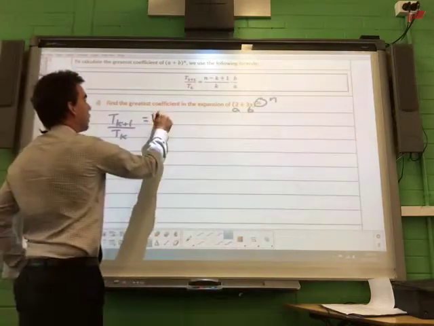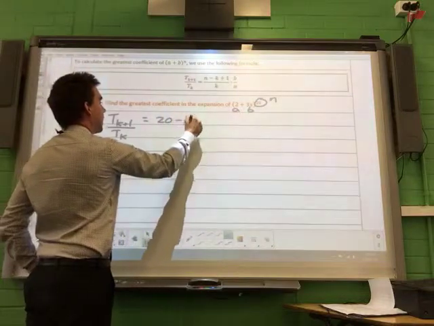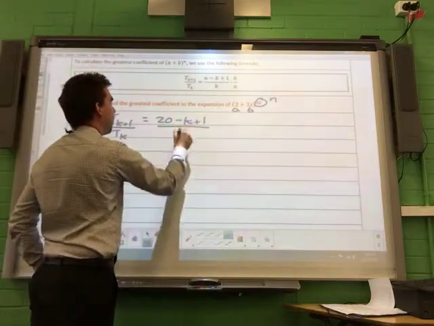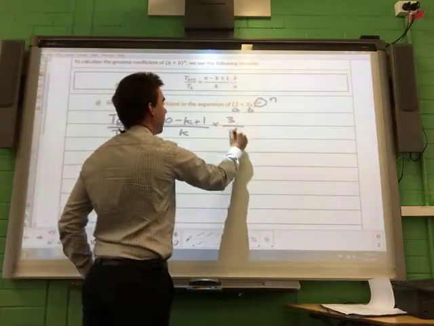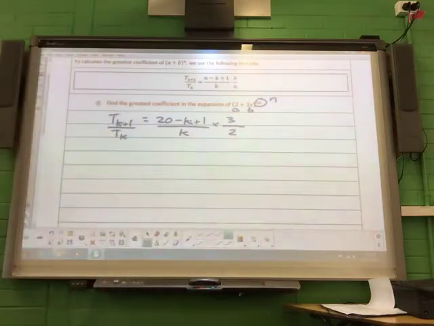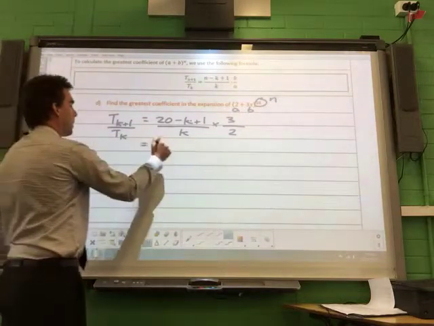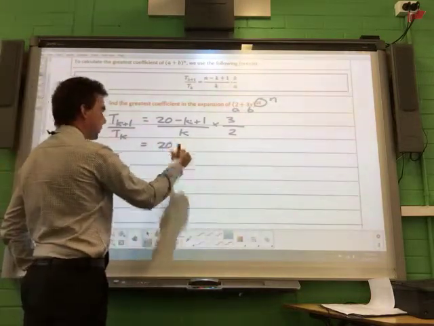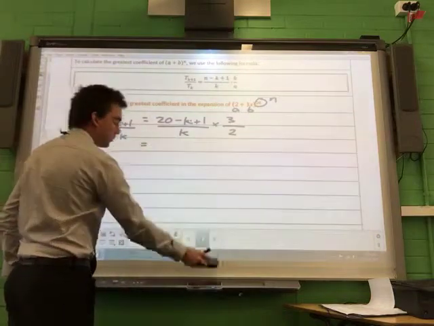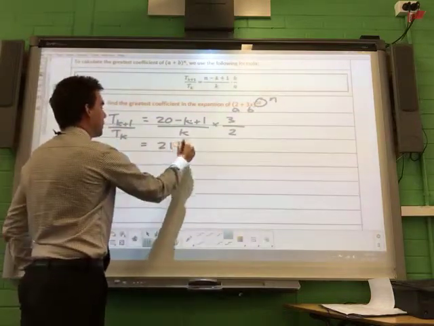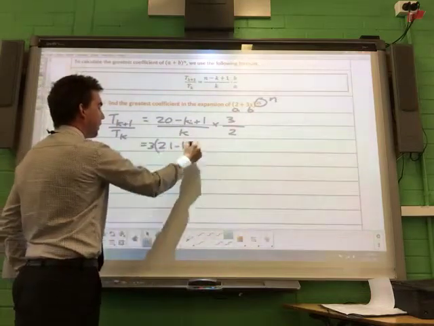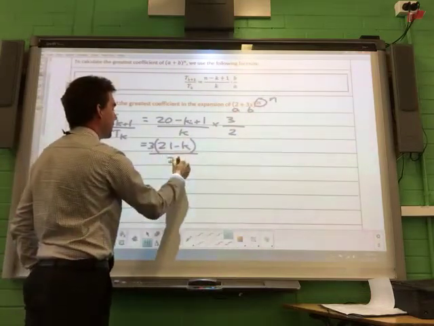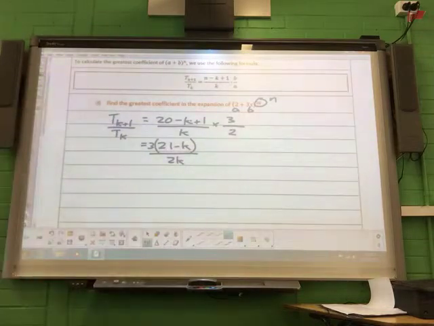Right, so it's going to be (20 take away k + 1) over k times 3 over 2. Okay, so (21 take away k), so that would be 3 lots of that, all over 2k. Just tidying up in that manner.